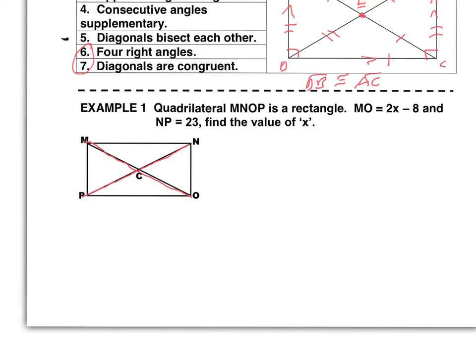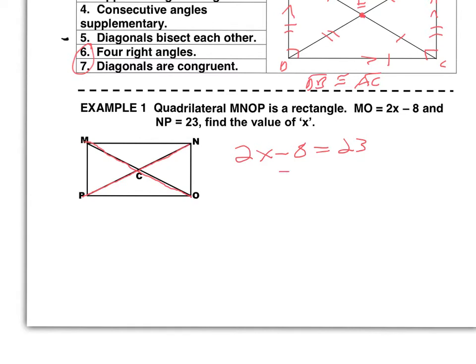Well, what do we know about the two diagonals according to the properties of a rectangle? This last one right here, number 7, says diagonals are congruent, which means I should be able to set these equal to each other. So 2x minus 8 equals 23. Now I start solving this.